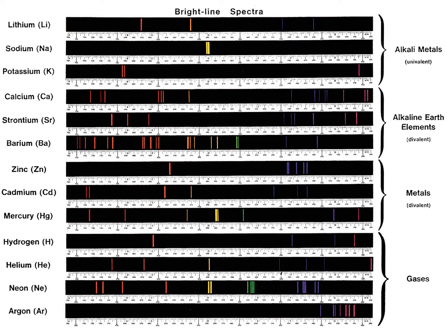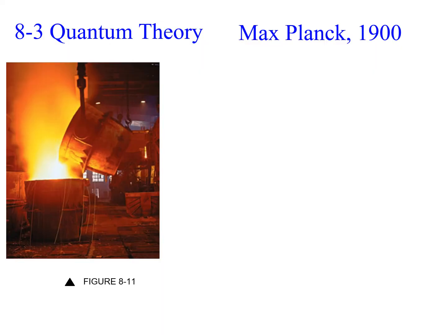But the big point is that each of these elements has a different emission spectrum, and so it's a good qualitative test. So along comes Max Planck at the turn of the century of 1900, and his work ultimately evolved into what we now call quantum theory, and looking at discrete emissions of light.